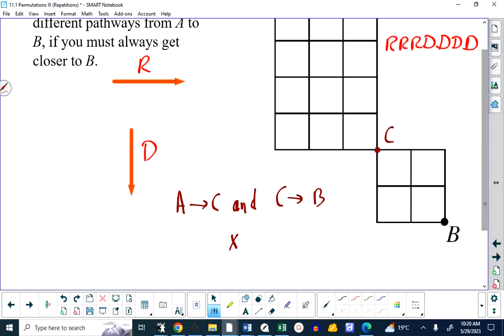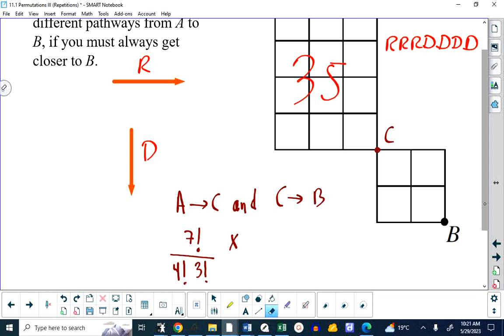So I need to make a total of 7 moves, but I need to divide by 4 factorial, 3 factorial. I want to say that's 35. There are 35 ways to reach C from A.